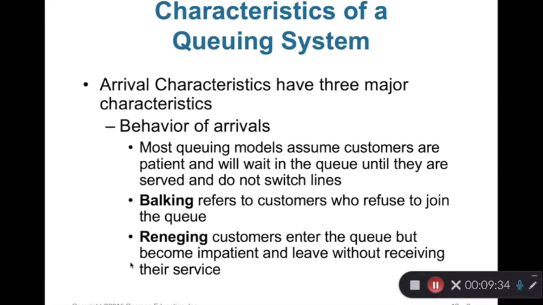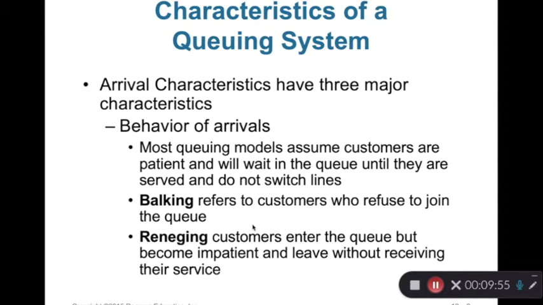Also, reneging customers enter the queue but become impatient and leave without receiving their service. But we just look at the first kind of customers. Okay? We don't look at the balking or reneging customers.